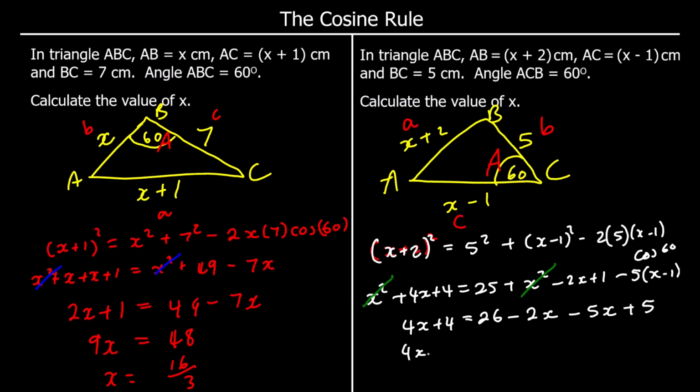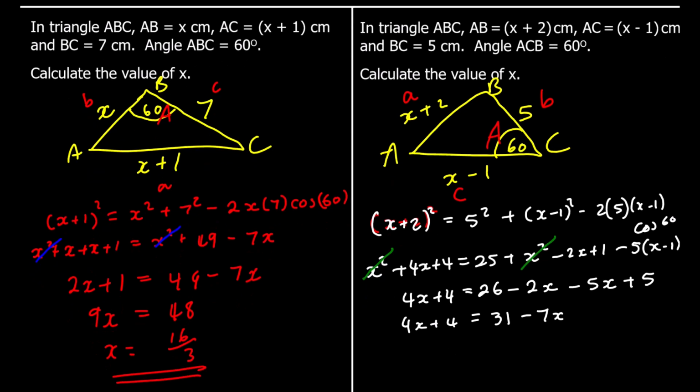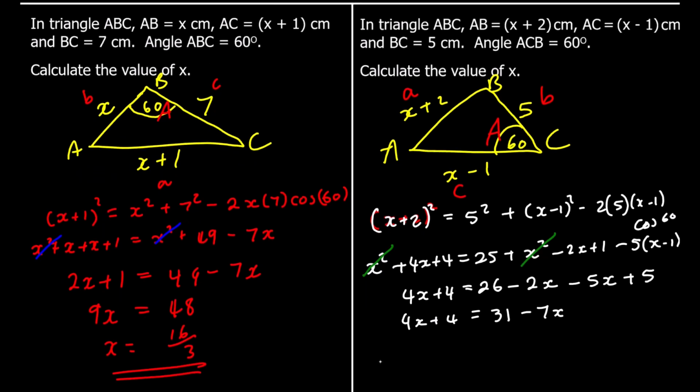So we've got 4x plus 4. 26 plus 5 is 31. Negative 2, take away 5 is negative 7. Plus 7x to both sides. So 11x. Take away 4 from both sides. So 27. So x is going to be 27 over 11.